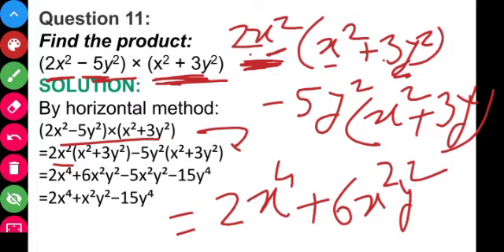Similarly, when you multiply minus 5y square to x square, it will be minus 5x square y square, and then minus 5y square into 3y square will be minus 15y to the power 4, because y square and y square give y to the power 4.